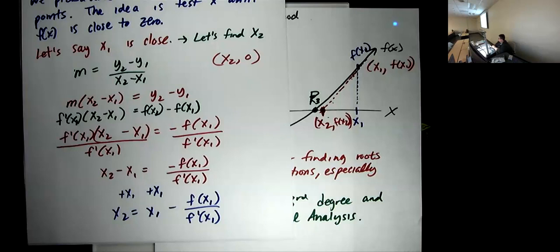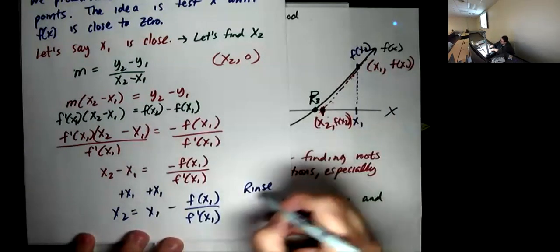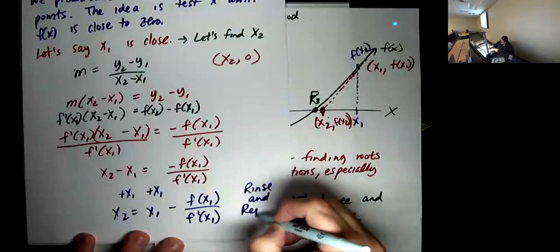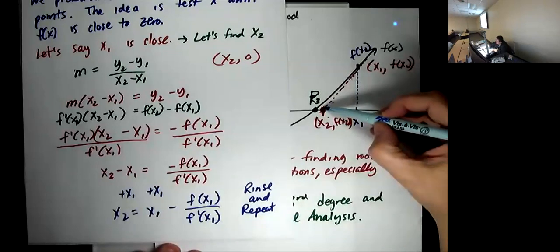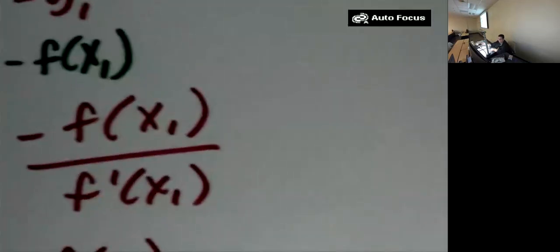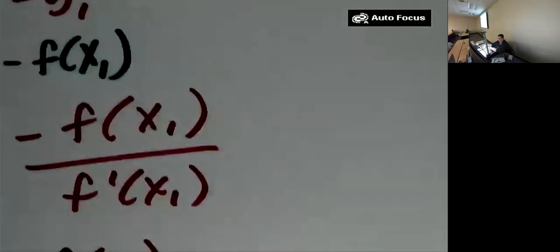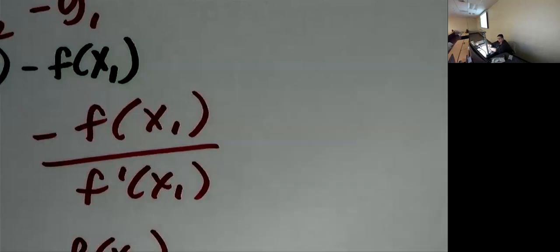x2 didn't hit the mark though. x2 got close, so we're going to rinse and repeat. We'll go up from there, we'll find this is x2, f of x2. Oops. Zoom out. Really?